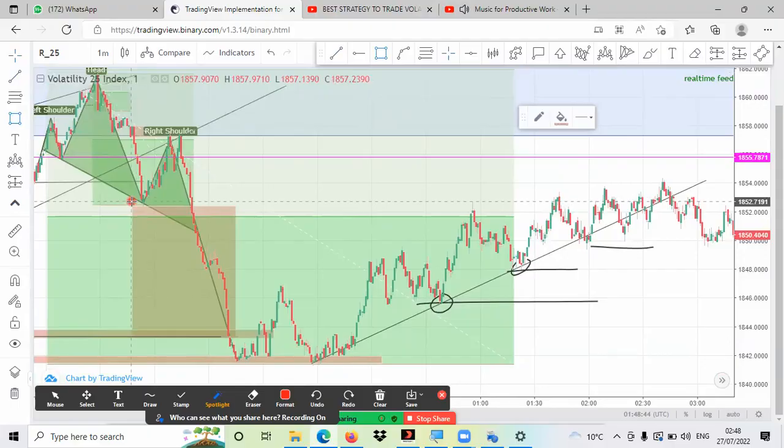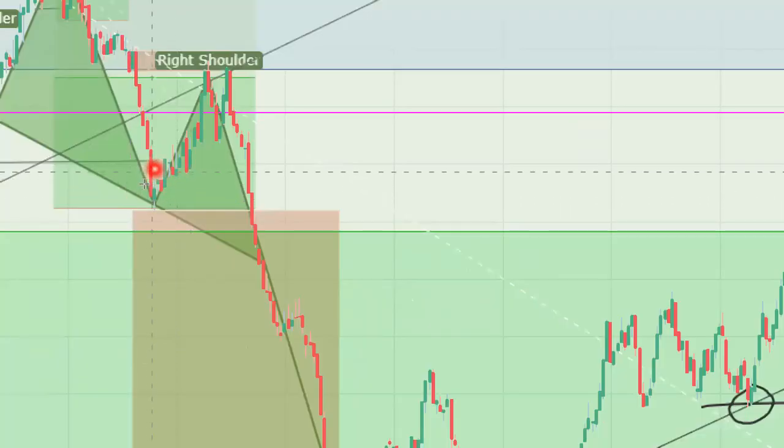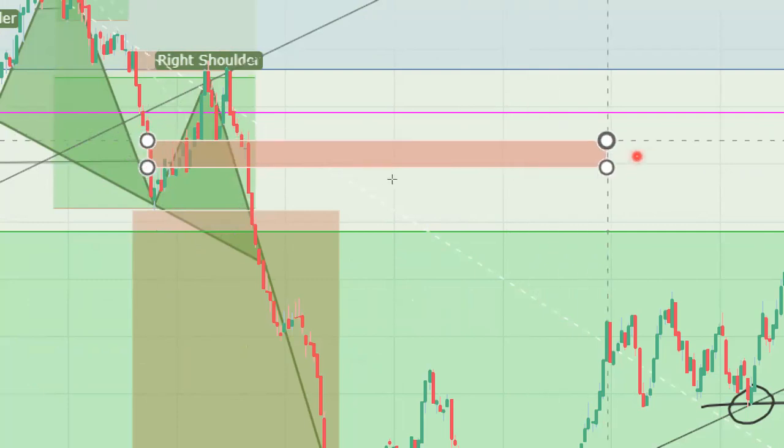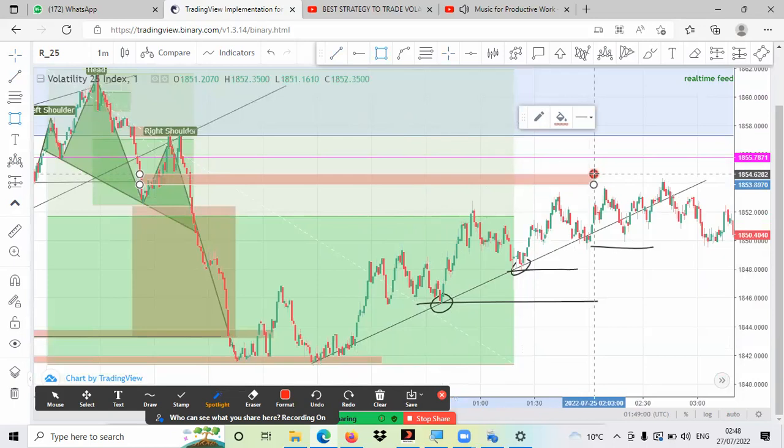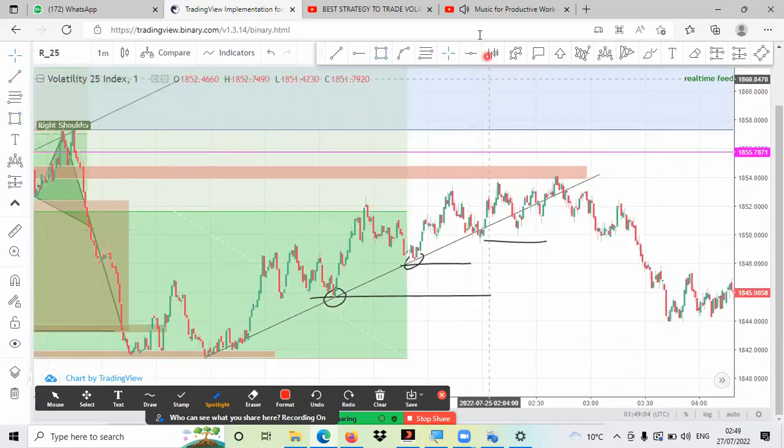So basically, we'll be trading this particular zone. Do we have any imbalance here? We're gonna trade this zone. What makes the zone valid?